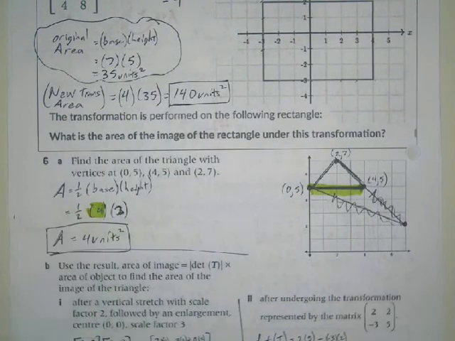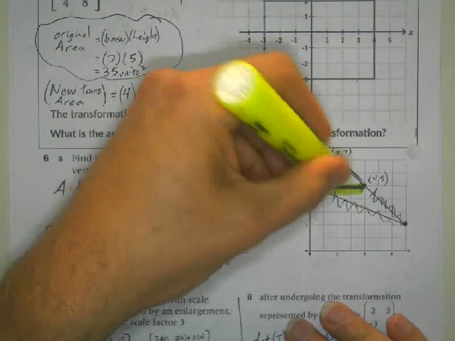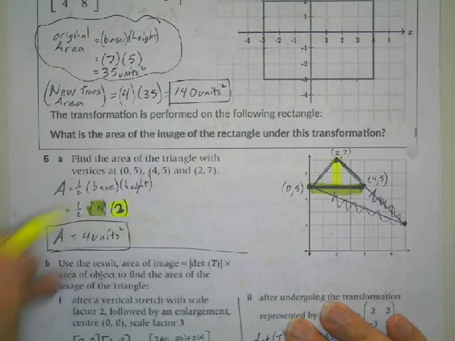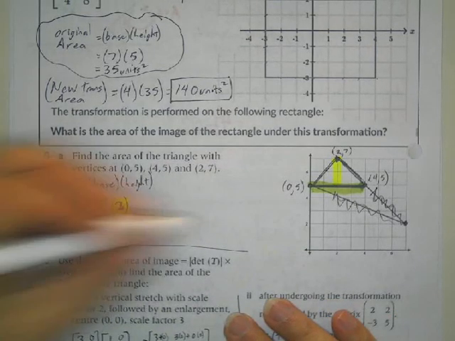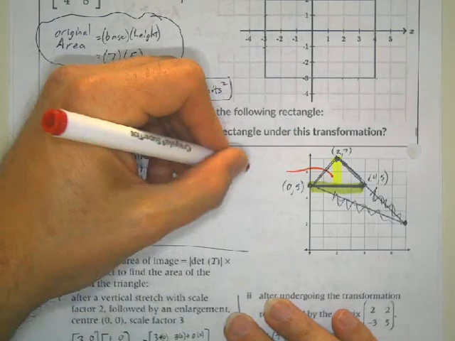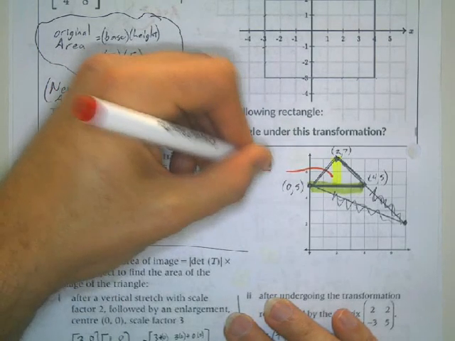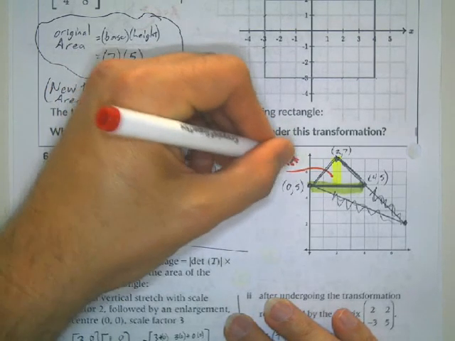My height here is 2 units. So it should make sense that this area is 4 units squared.